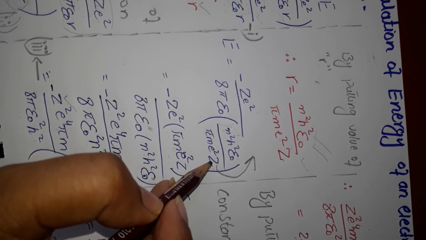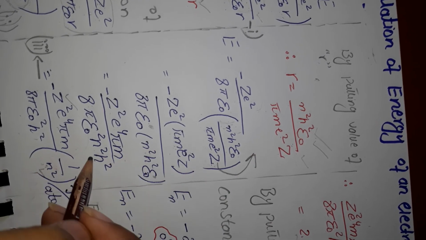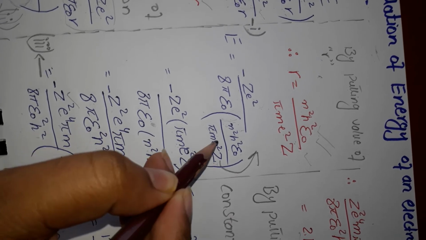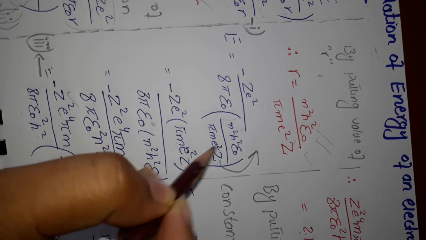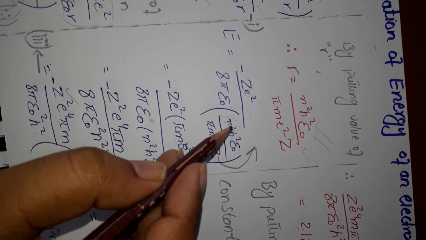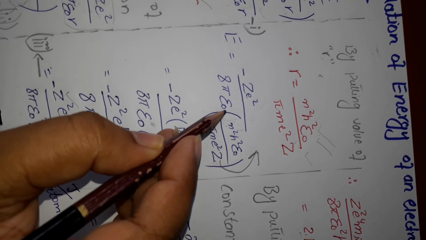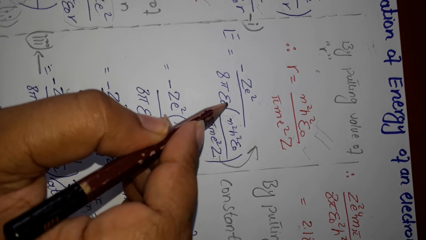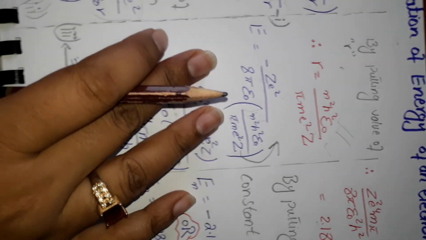As you know, this value cannot stay here, it will come upwards. So I have done this pi m e square Z. You can see it has come on the top of the equation, and n square h square epsilon naught will remain here, and it must be multiplied with the already existing values.